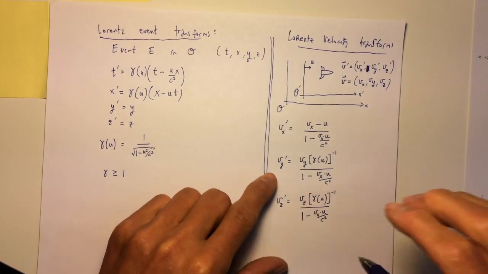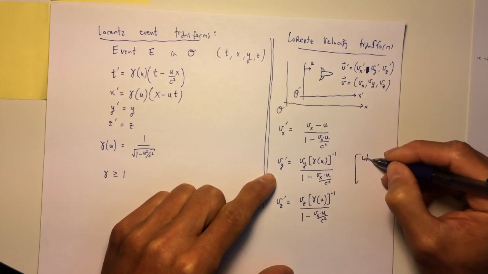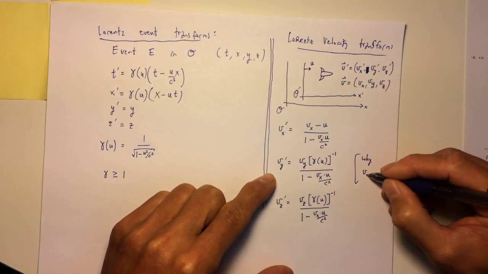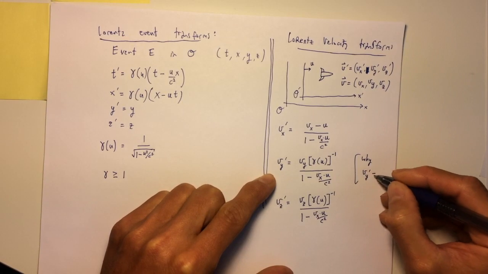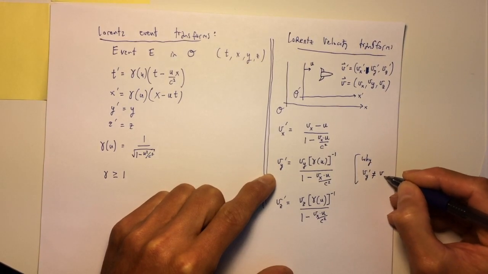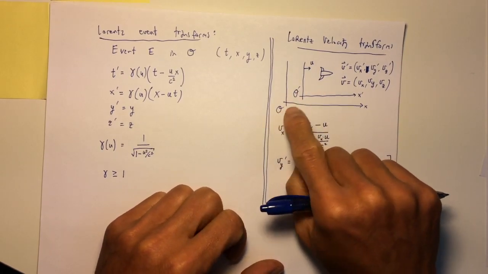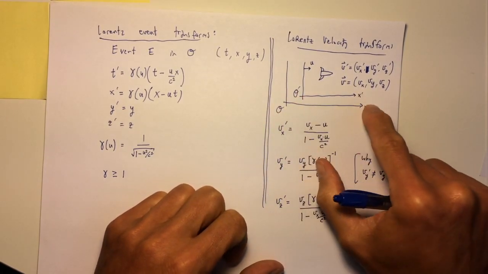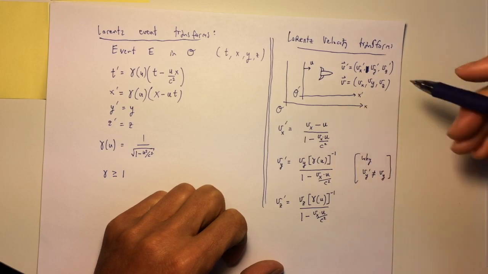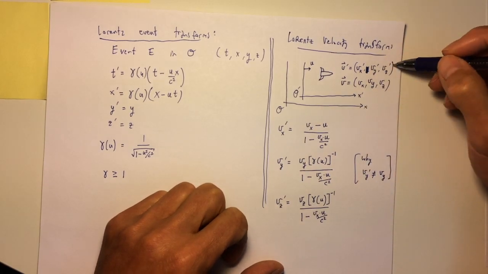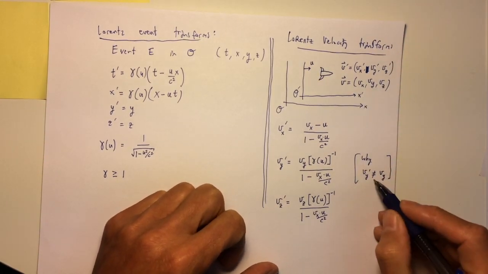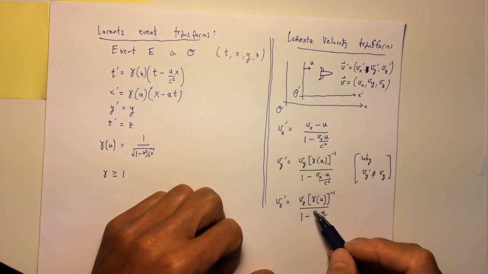So what's strange is to wonder why vy prime is not just straight equal to vy. The relative motion between O and O prime is in the x direction. So why would the velocities transverse to the x direction get affected in this really strange way?